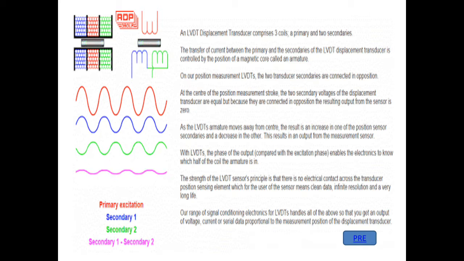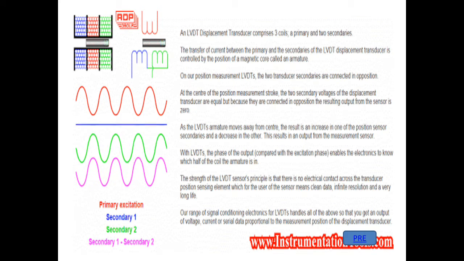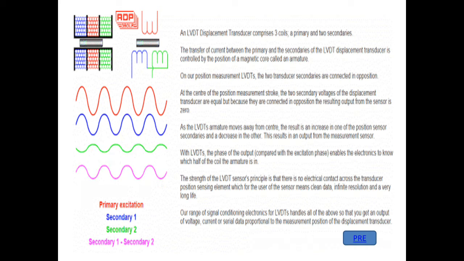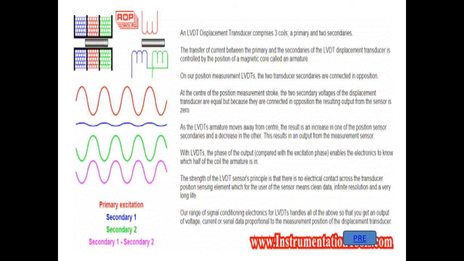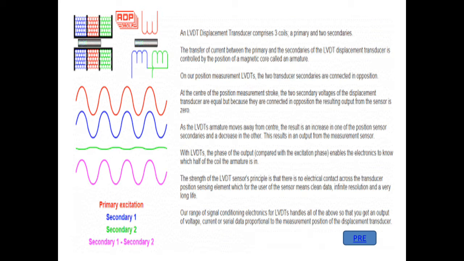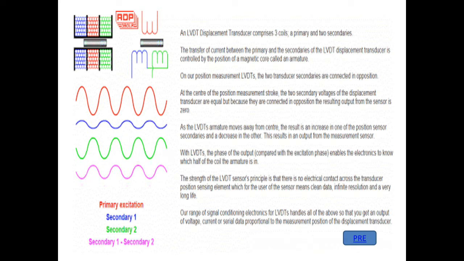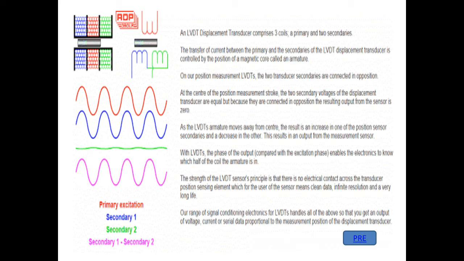The LVDT works on the principle of a transformer, and a transformer works on the mutual inductance principle. So this LVDT also works on mutual inductance. It is known as the linear variable differential transformer.